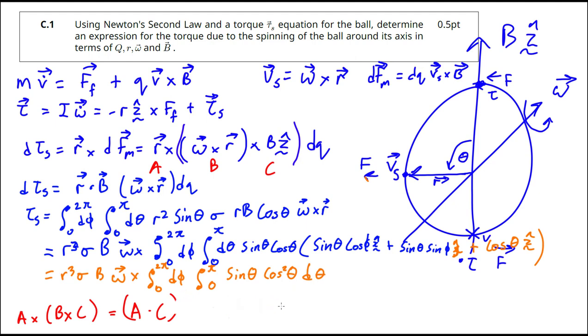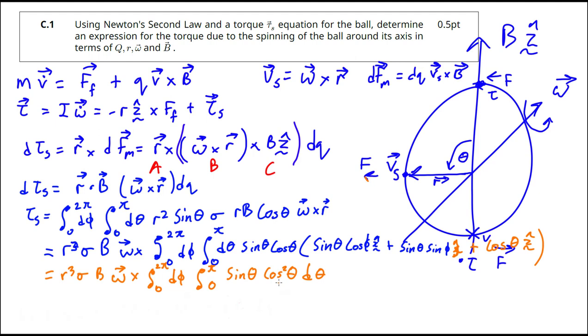So let's do that. Okay, now doing the integral over phi is super easy. That's just going to give me a factor of 2 pi. Doing the integral of sine and cos here, not quite as easy. But what I can actually notice here is that minus sine is the derivative of cos.